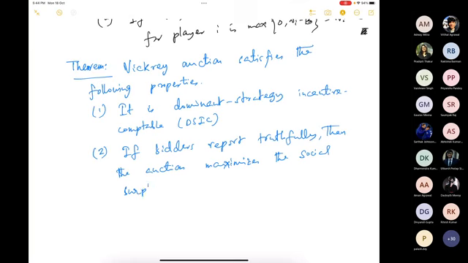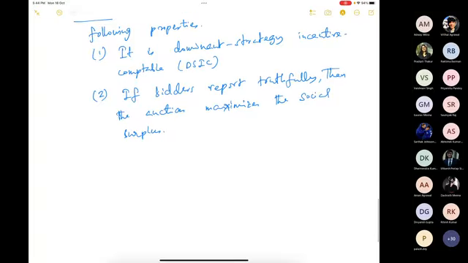What is social surplus? This particular quantity: the sum for i equal to 1 to n of vi xi, where xi is 1 if player i wins and gets the item and 0 otherwise, and vi is the valuation of player i.